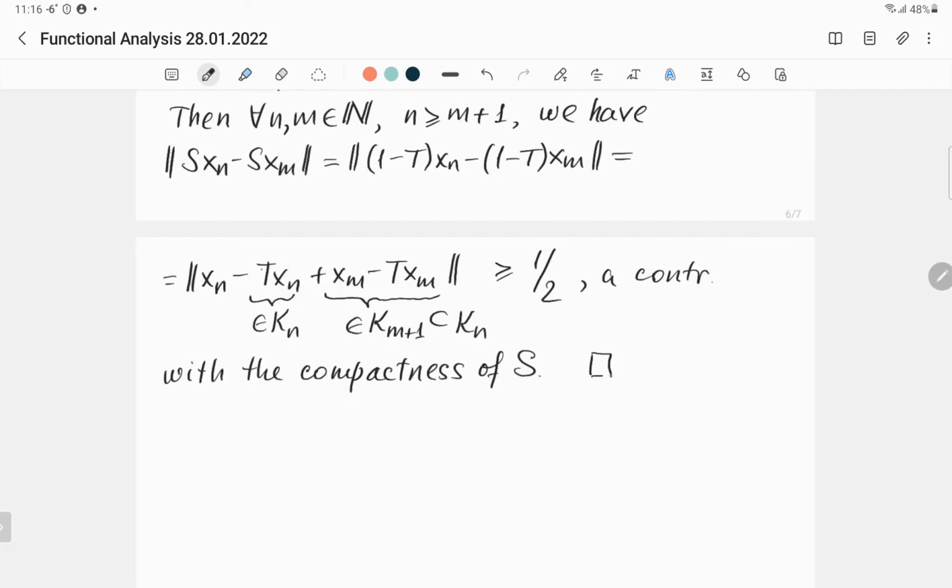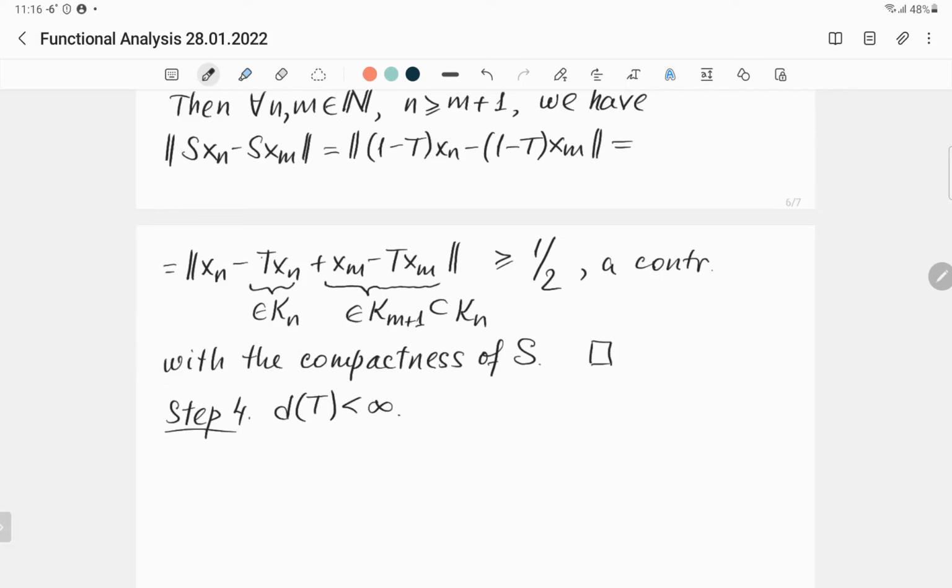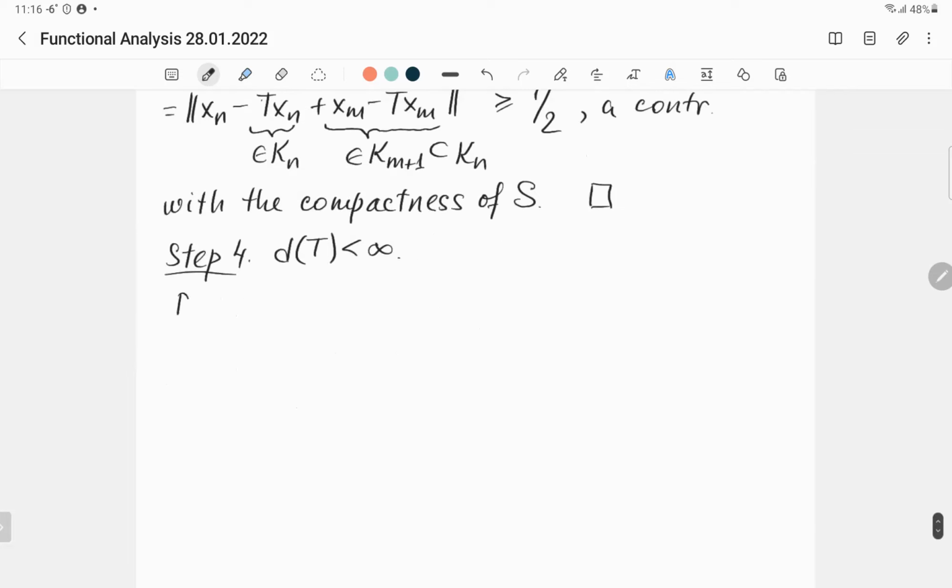So we see that T has finite ascent. Step 4: T has finite descent. To prove this, we use a nice duality argument. We already know that T star is also of the form 1 plus a compact operator, so we already know that T star has finite ascent.